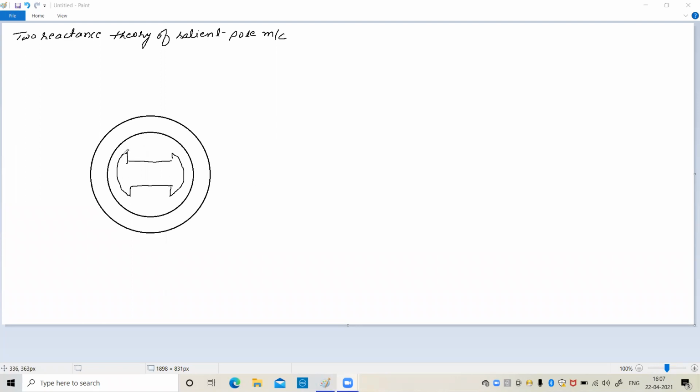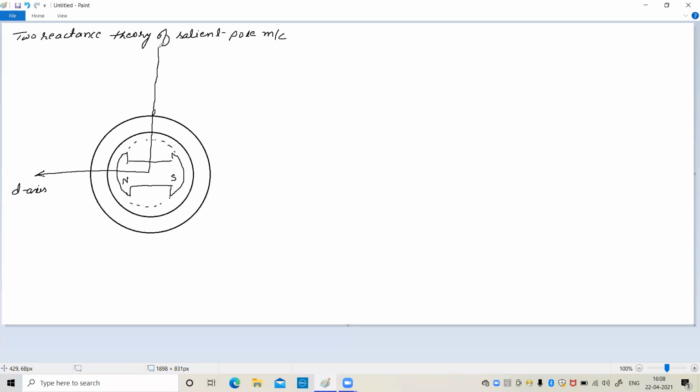So here, suppose this is the cylindrical rotor machine. This would be the shape of the cylindrical rotor machine. And we found that the axis along the pole is called the direct axis, and the axis which crosses between the two poles, say this is the north pole and this is the south pole, for simplicity we considered only a two pole machine here.